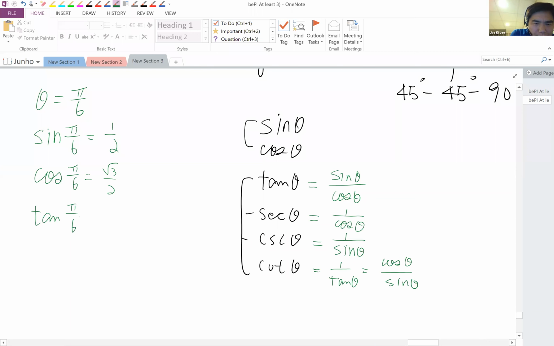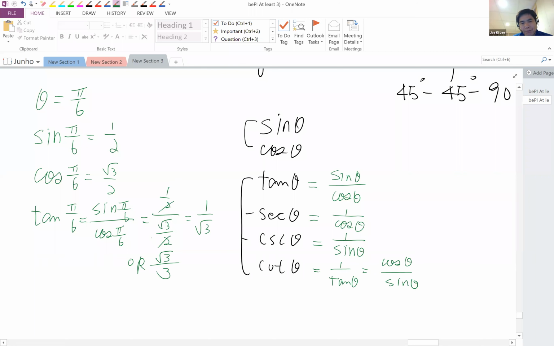Then tangent pi over 6 means sine pi over 6 over cosine pi over 6. Therefore, 1 over 2 over root 3 over 2. It is a complex fraction form, and the denominators are the same, so you can cancel them out. So this becomes 1 over root 3, or rationalizing, you get root 3 over 3 basically.